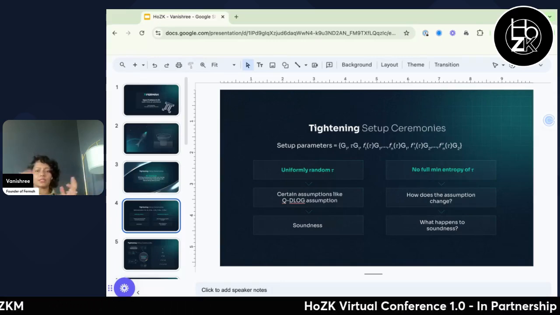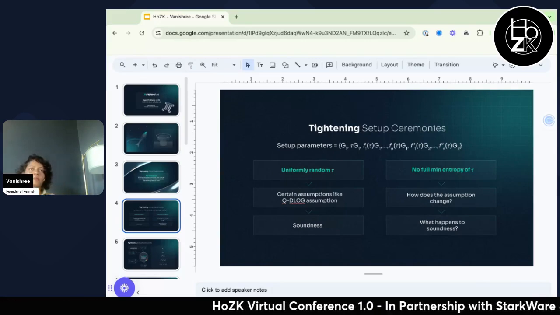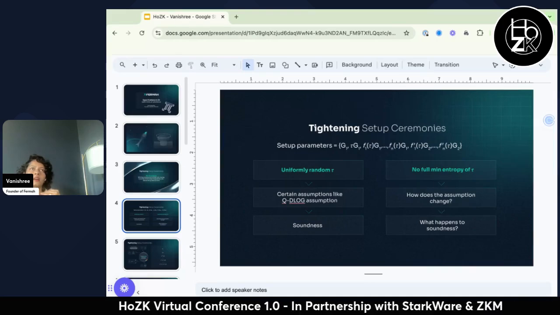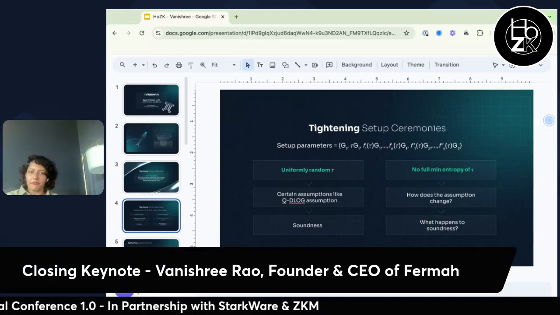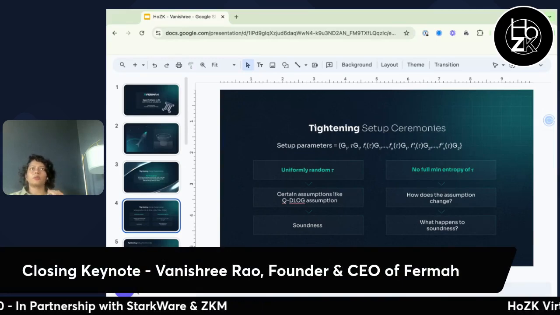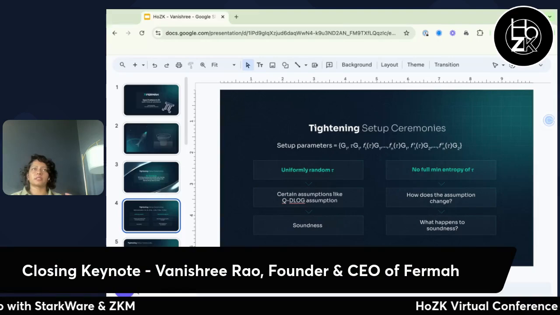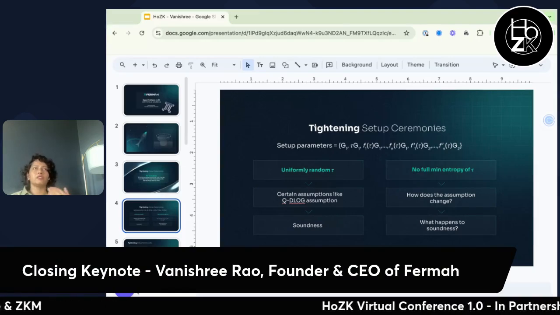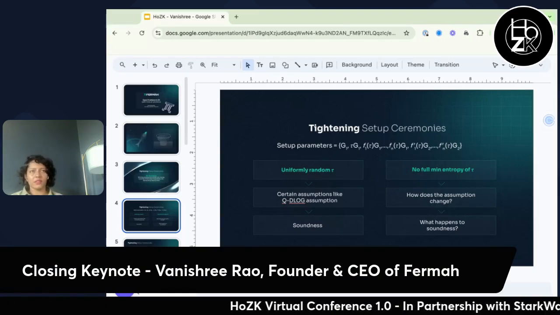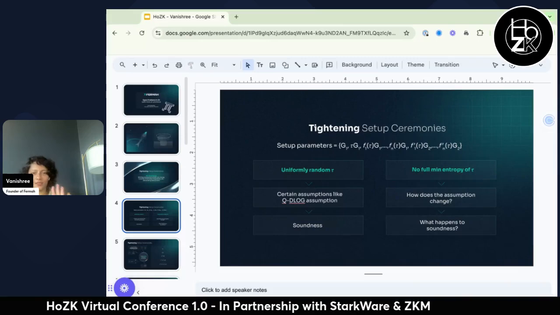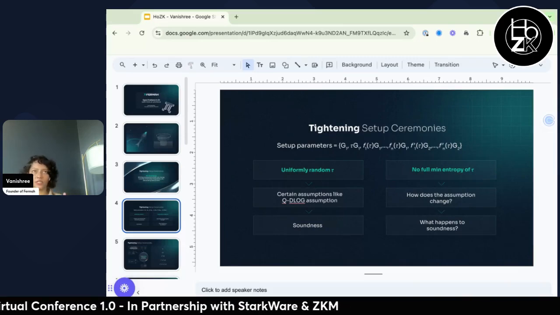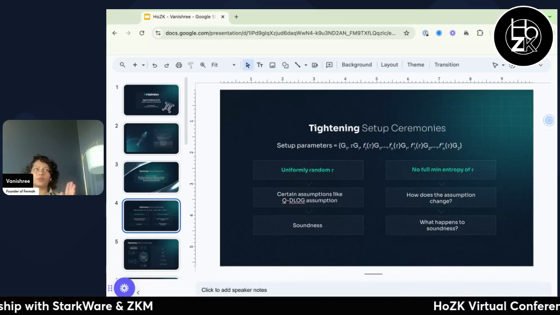Now the question is: is the way we are doing trusted setup ceremonies enough to get us the level of soundness we want? If not, what should we do? I'll repeat the question. Is what we are doing enough for soundness?